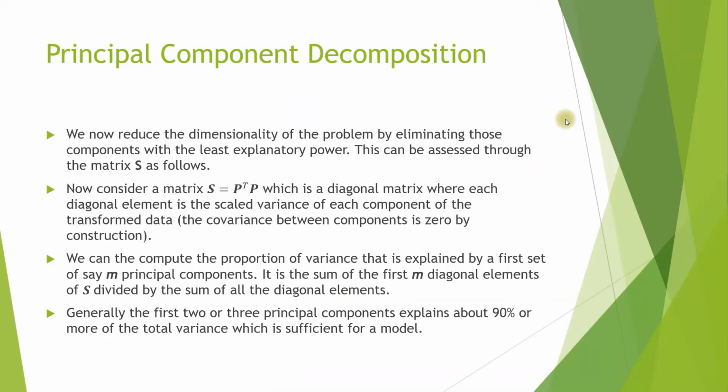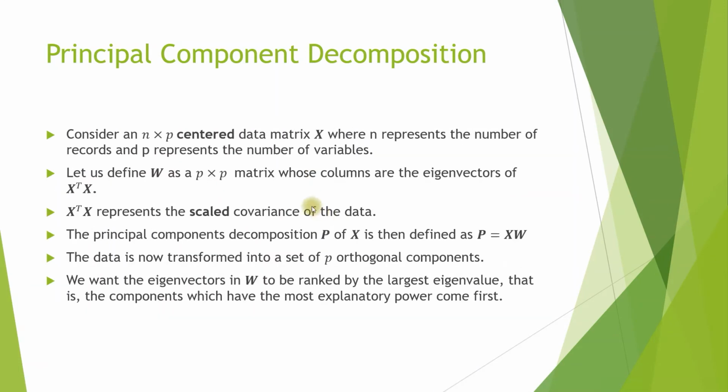For example, when it comes to S is equal to P transpose P, and all these different elements like the eigenvector of the variance covariance matrix. We will also try to find the covariance matrix and so on. We'll take a very simple data set and work this out.